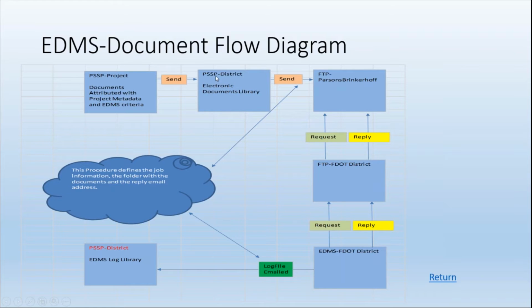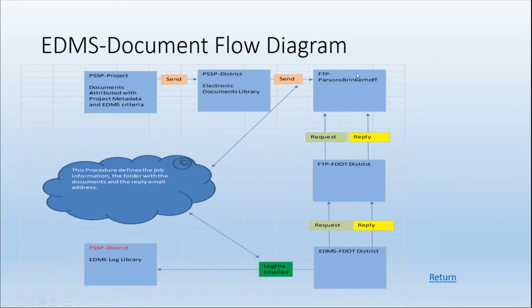All right, so when a document comes to the district electronic documents library, another process picks it up and moves it to FTP on Parsons Brinckerhoff's side. I'll explain why that has to be in just a minute. There's also a process running on the FDOT server, which is inside of our firewall, that's looking in this FTP site and saying, do I have any new documents I need to import?